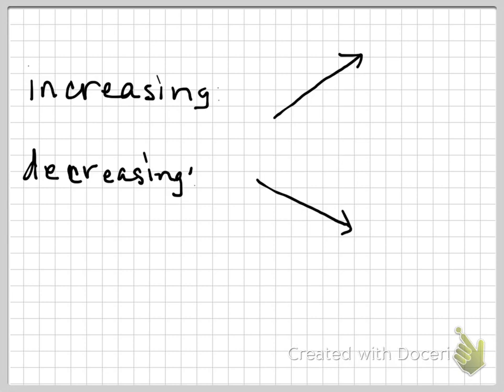Okay? And constant means that the line is flat. Okay? Now, don't let these drawings mess with you, because it can look a little different when you're looking at a graph.